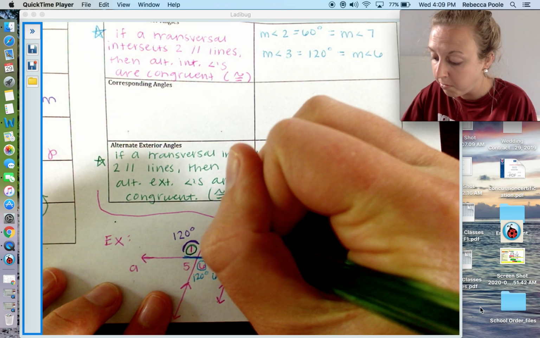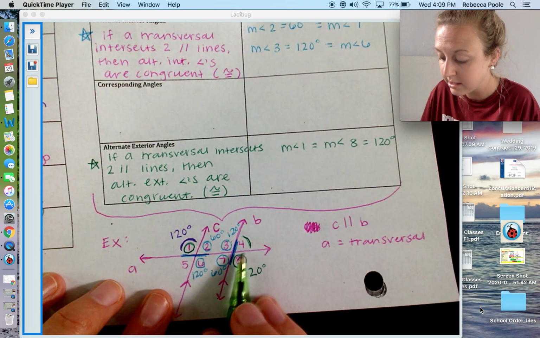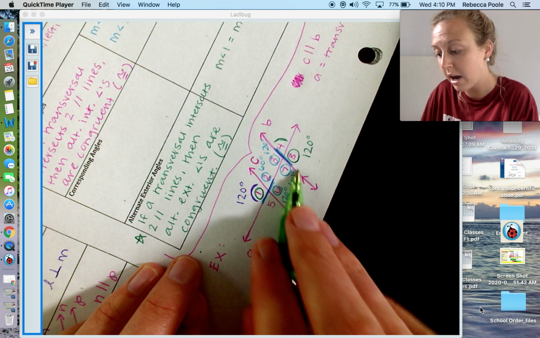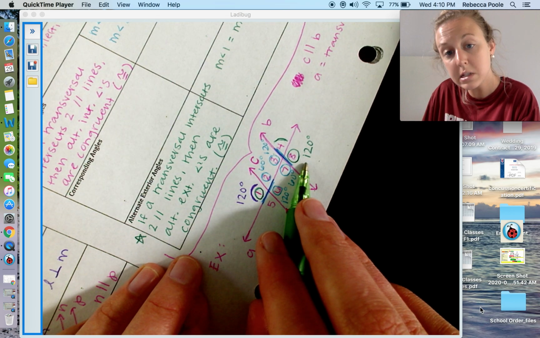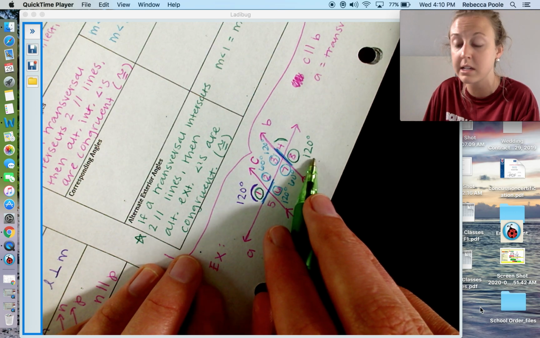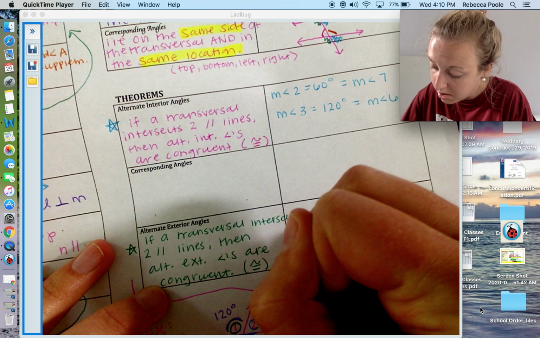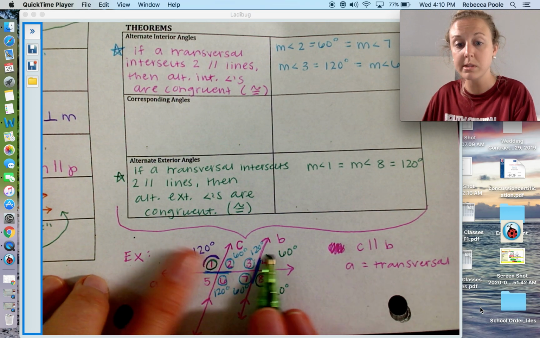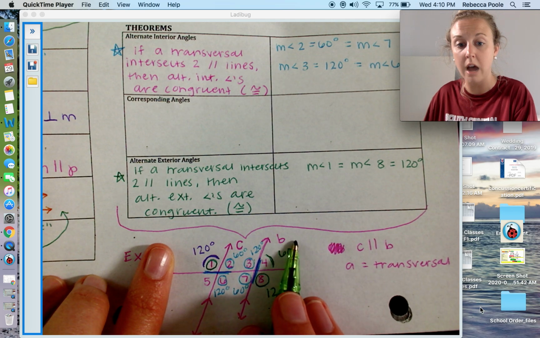So angle 4, if you guys look at this, 4 and 8 make a straight line. So if 8 is 120, a straight line should equal 180 degrees. So 180 minus 120 gives me 60. So if 4 is 60, we're outside of the parallel lines. This is the top right.